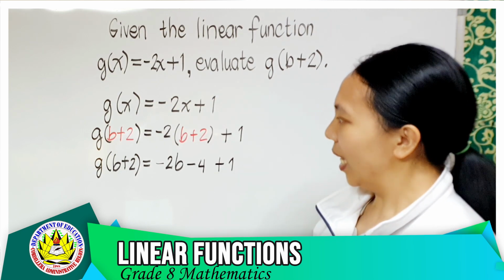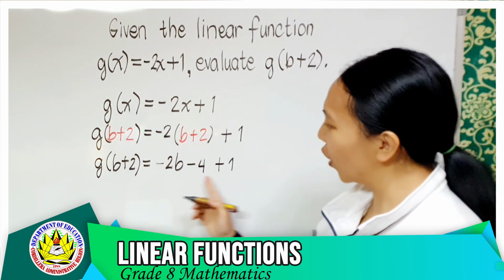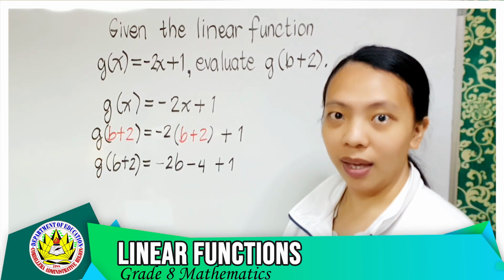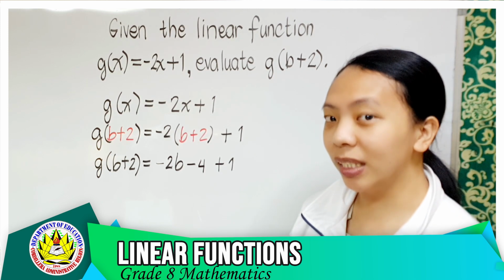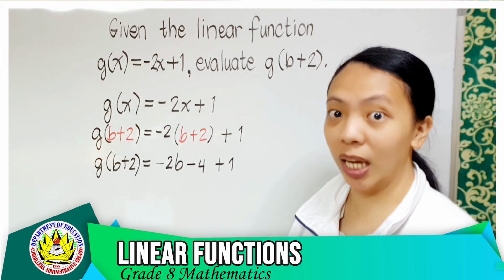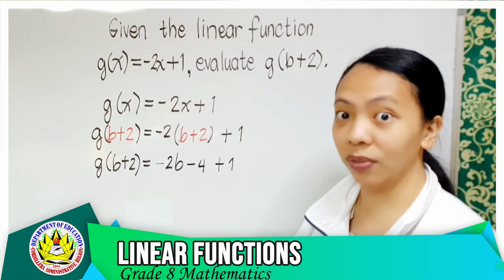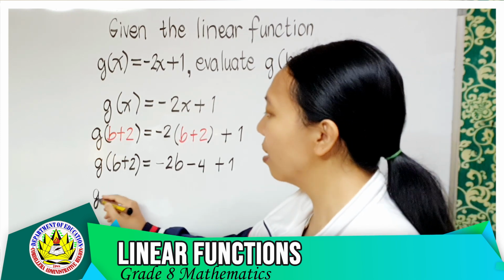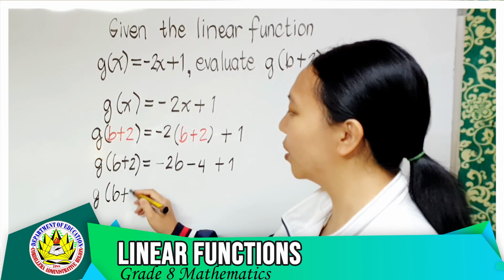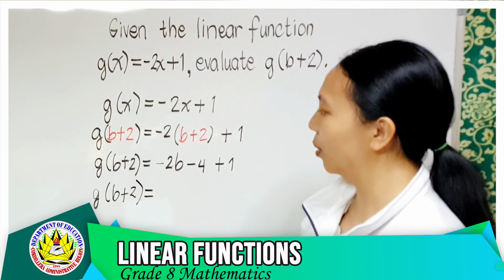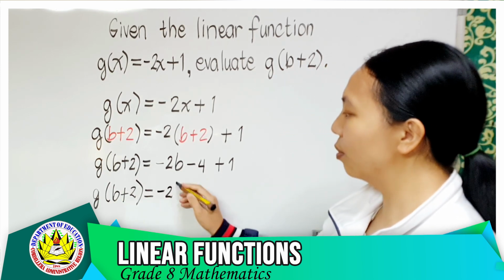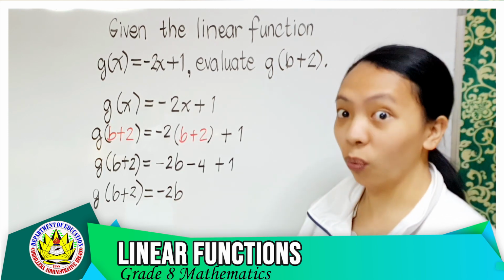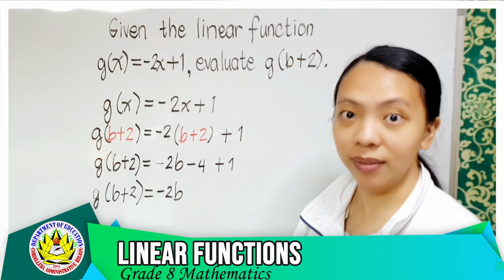Next, if we can further simplify, we need to simplify. Can we combine similar terms through addition and subtraction in the right side of the equation? Yes. So we have here g of b plus 2 is equal to negative 2b. We can simplify negative 4 and 1. What's negative 4 plus 1?